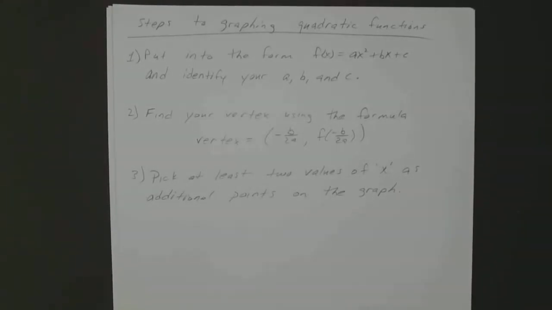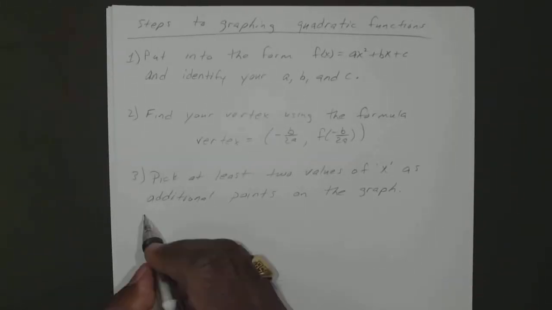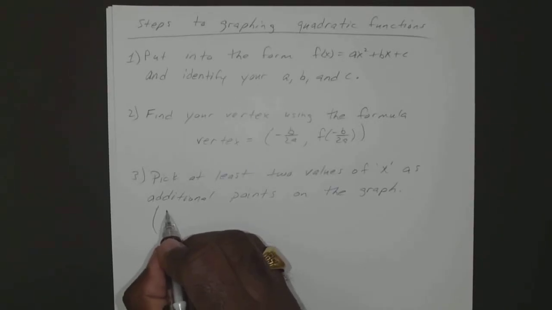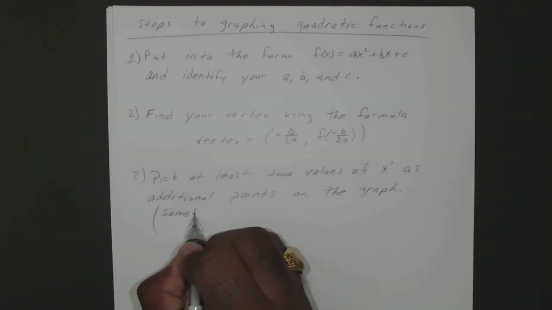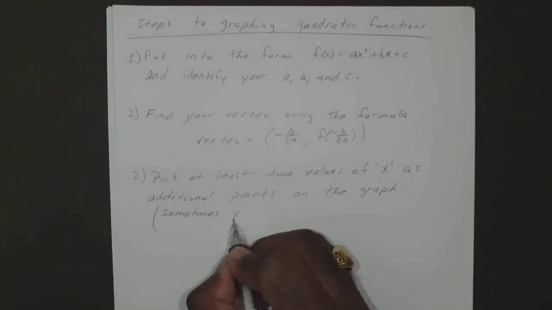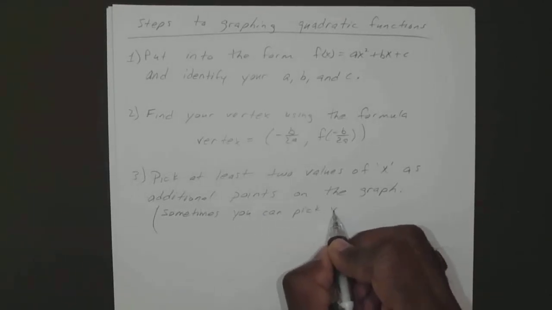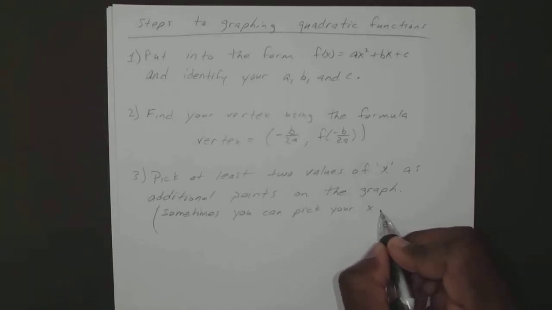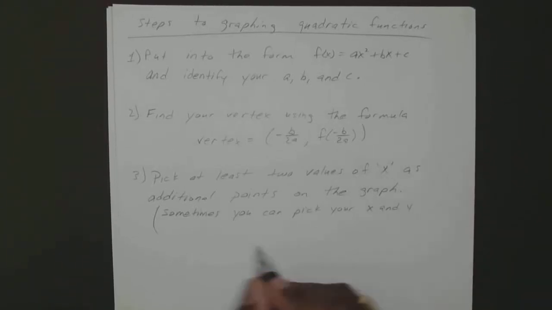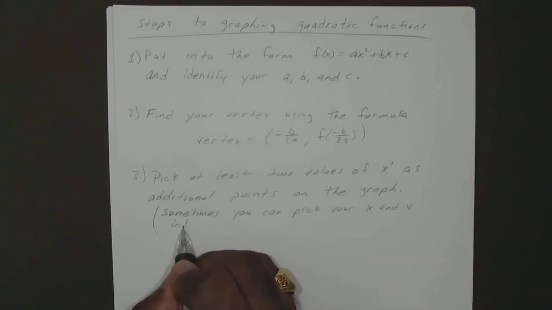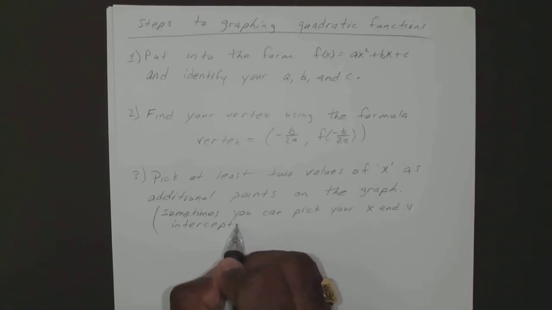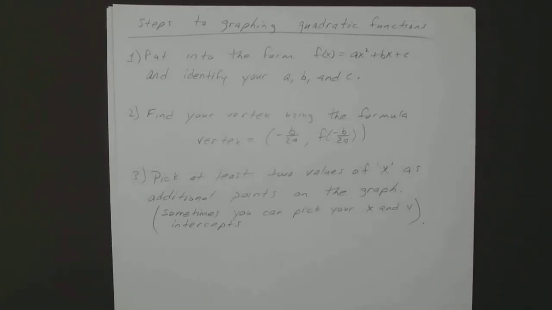Now for those 2 extra points, usually it's easiest to pick your intercepts. So sometimes you can pick your x and y intercepts. That's usually the easiest way to go.